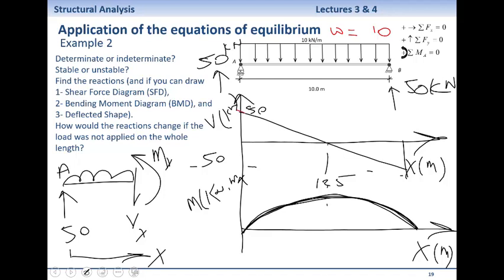What is the slope of this line? 50 divided by 5 again, yes? And it's negative, yes? So basically, dV over dx is negative W.